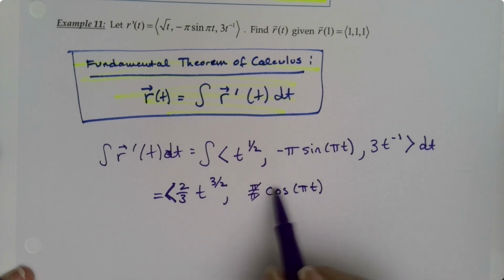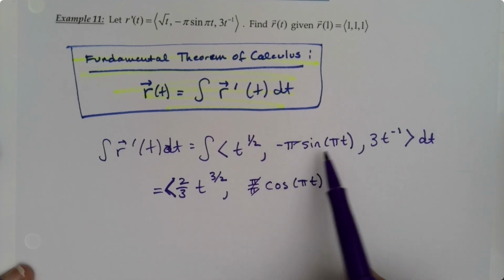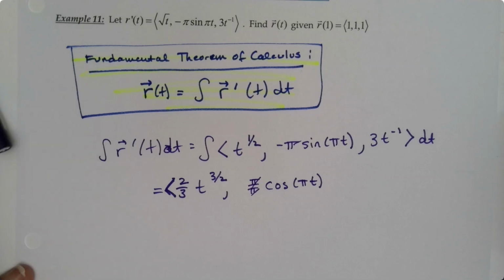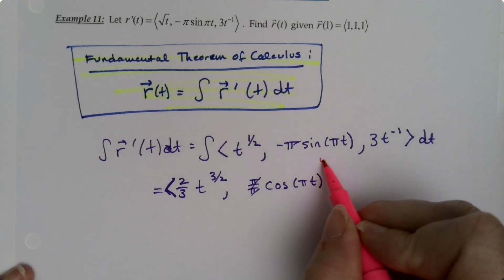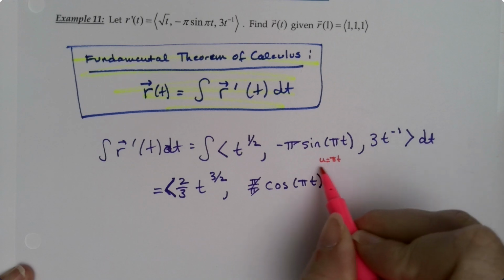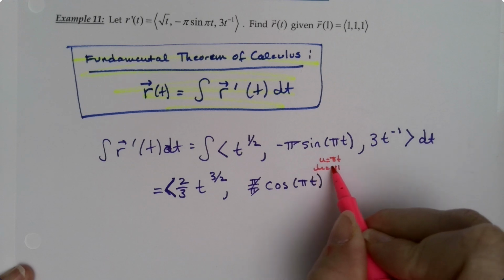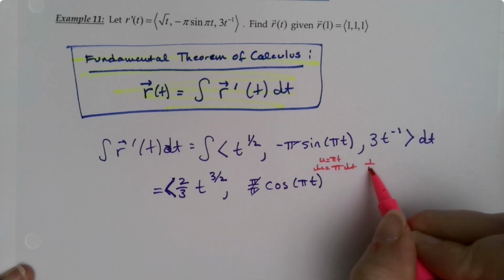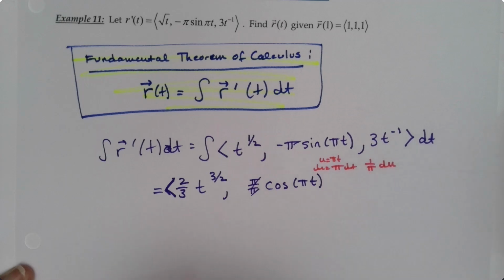In other words, we're doing a little tiny u sub in my brain. I'm thinking, u is pi t, so then du would be pi dt, and therefore 1 over pi du. So 1 over pi would be down here and it would all cancel out. So it'd just be cosine.